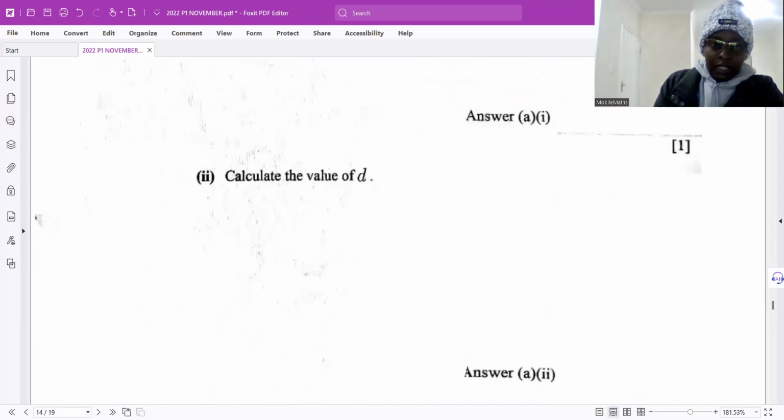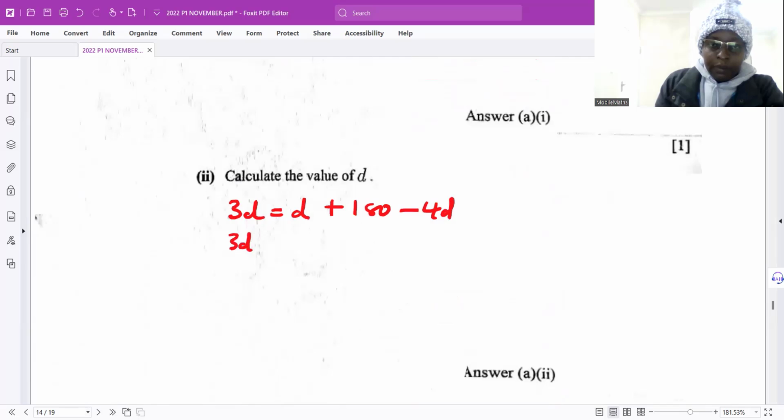So we can say 3D is equal to D plus 180 degrees minus 4D. Let's solve it. This is giving us 3D is equal to D minus 4D, that is minus 3D, plus 180 degrees. Let me just check. Yes, that's fine.